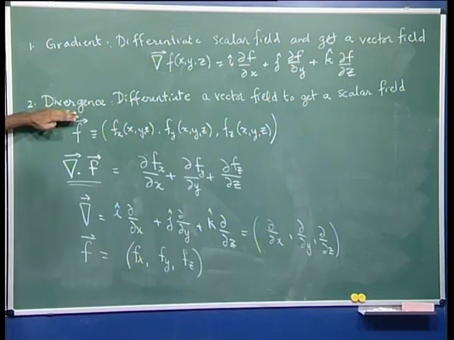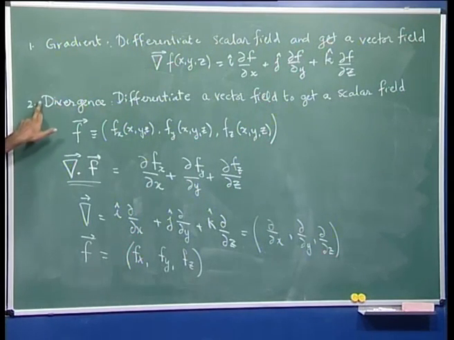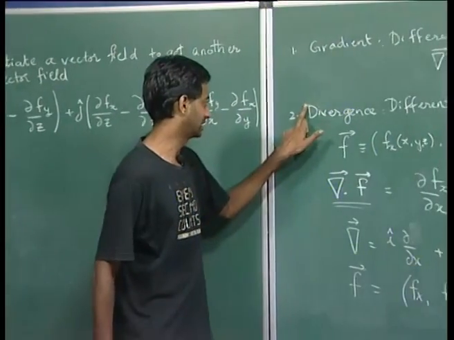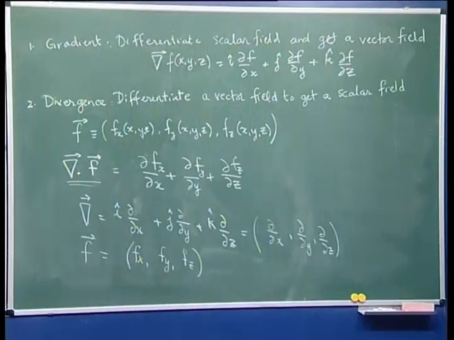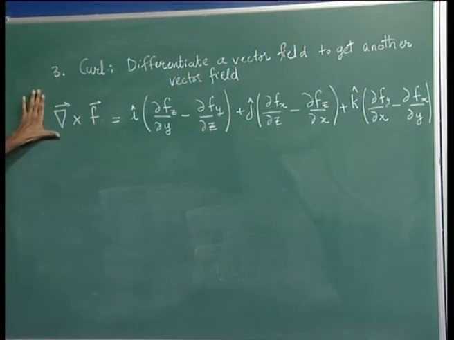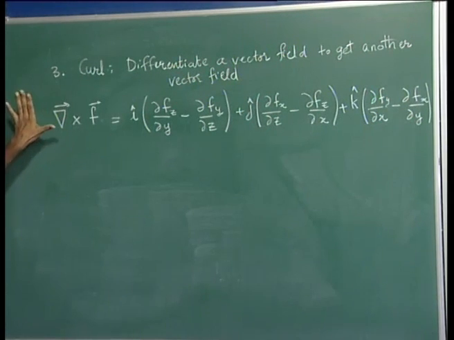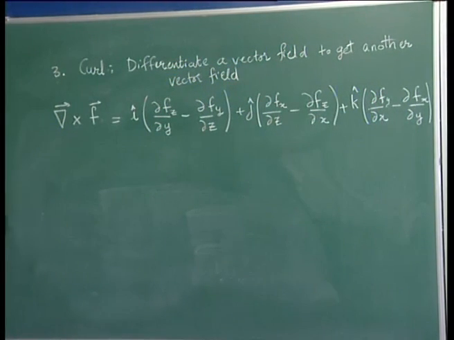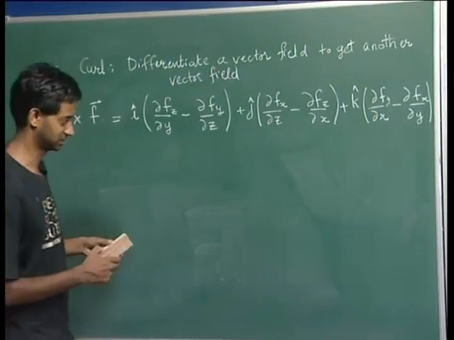The divergence, you have probably seen it in your courses on electricity and magnetism, but it also appears in something called the continuity equation in hydrodynamics. The curl is an operator that you probably don't see as often, but it does appear in electricity and magnetism, and in general when you're talking about the effect of magnetic fields on molecular systems.